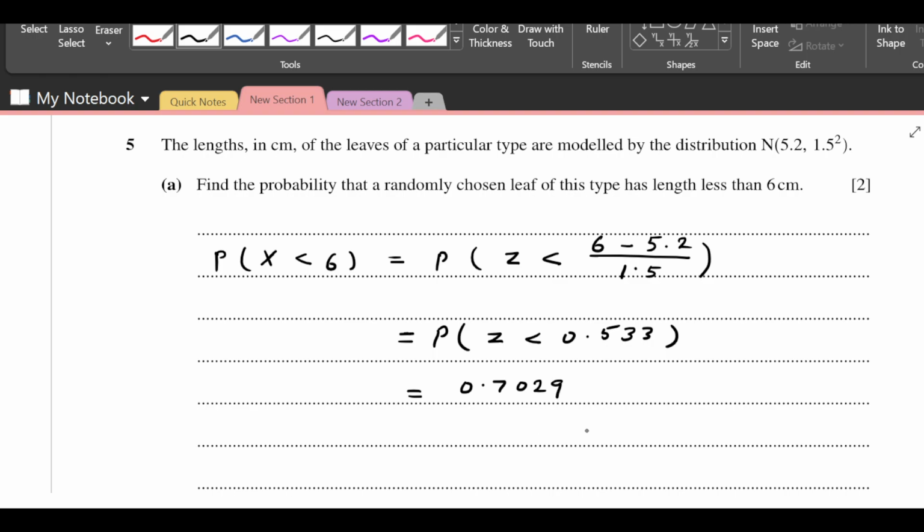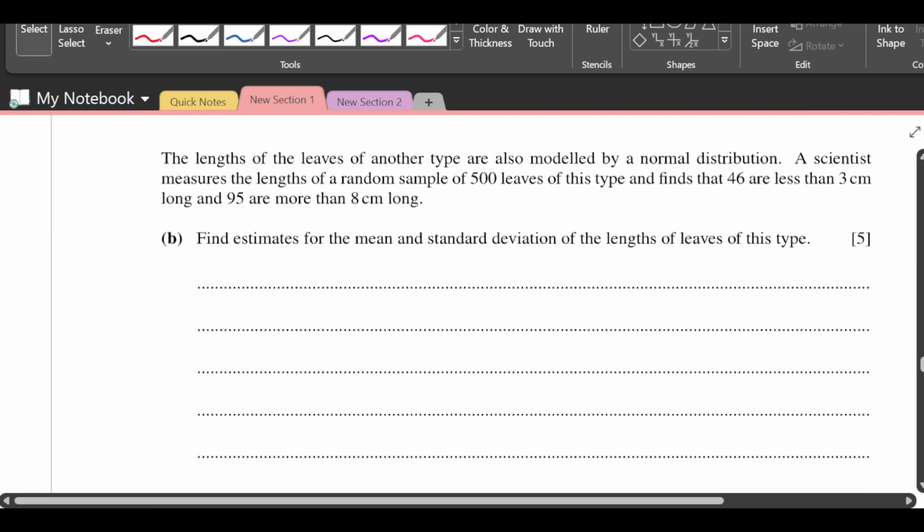Correct? We can round it and write this as 0.703 as well.